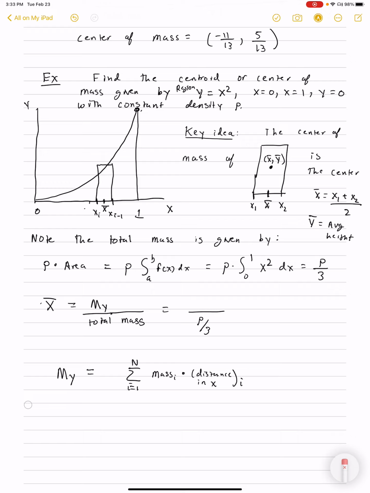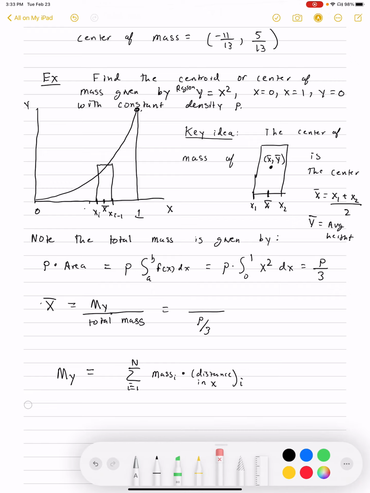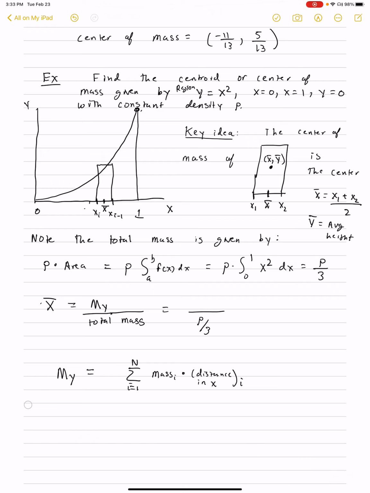I'm going to treat this rectangle as a slice. One thing you should notice is that I'm going to treat this whole rectangle as just a point. I'm going to inscribe many of these rectangles and calculate the moment about the y-axis for all of these little points, taking the rectangles to be smaller and smaller.